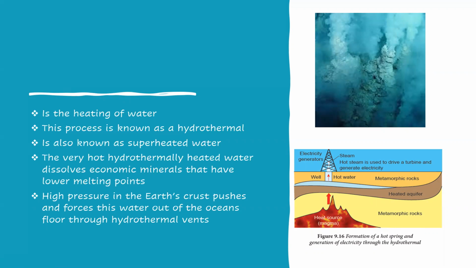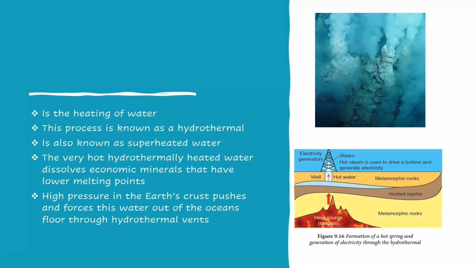The very hot hydrothermally heated water dissolves economic minerals that have lower melting points, such as gold, copper, silver, and zinc that are trapped inside the cracked rocks. High pressure in Earth's crust forces this water out of the ocean floors through hydrothermal vents.